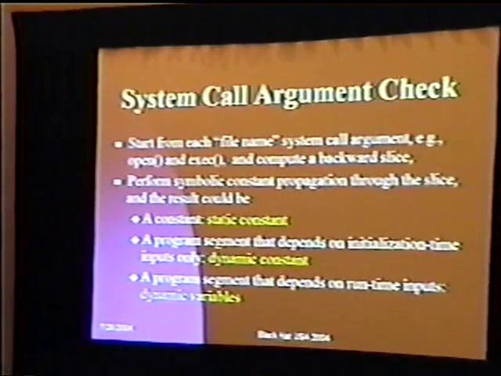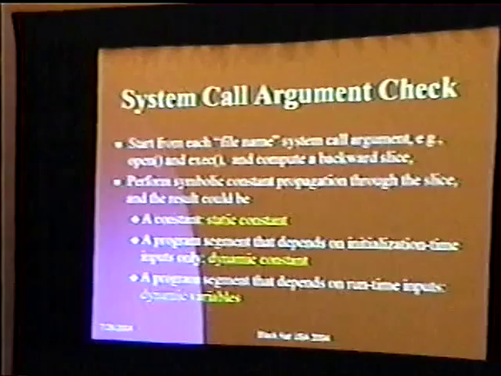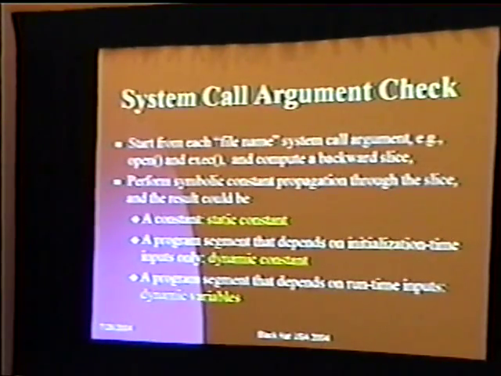The values of these system call arguments never change during the lifetime of the program, but you cannot figure them out statically because you can only run the program and then you know. So these are so-called dynamic constants. And then everything else is dynamic variable. We go through such a process, and it turns out that more than 50% of the system call arguments belong to either static constant or dynamic constant.